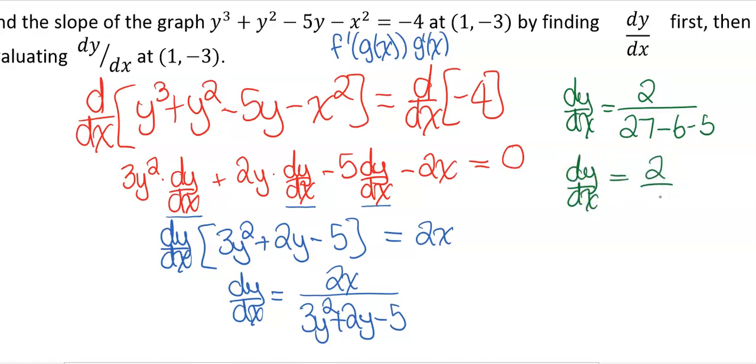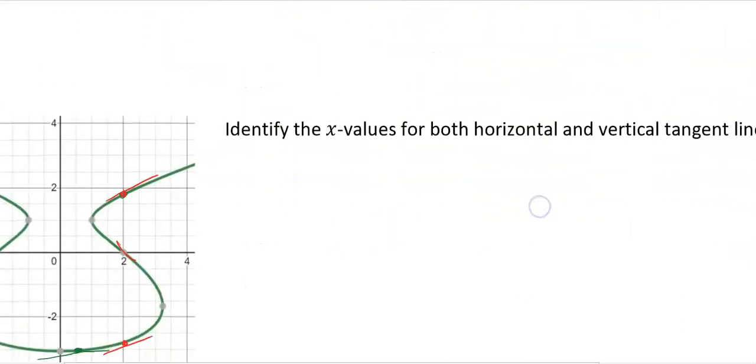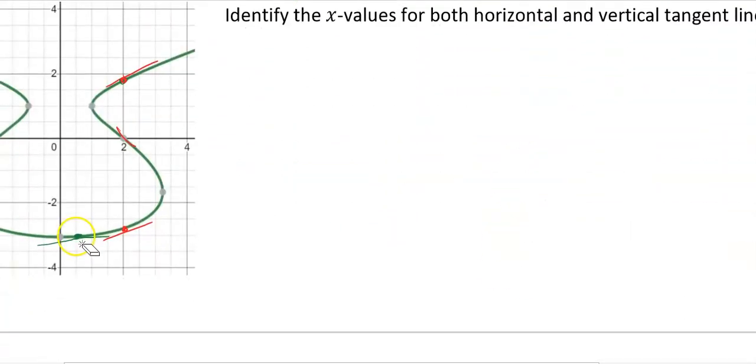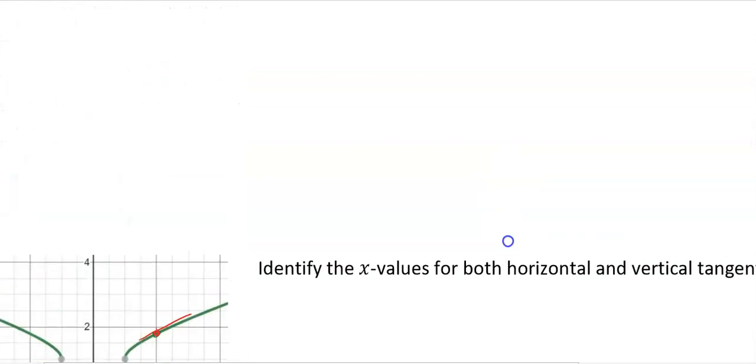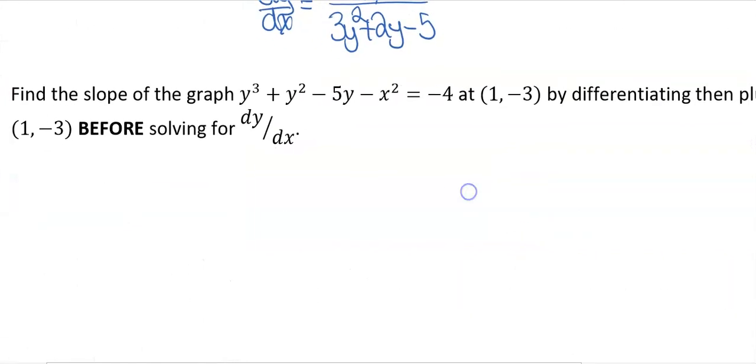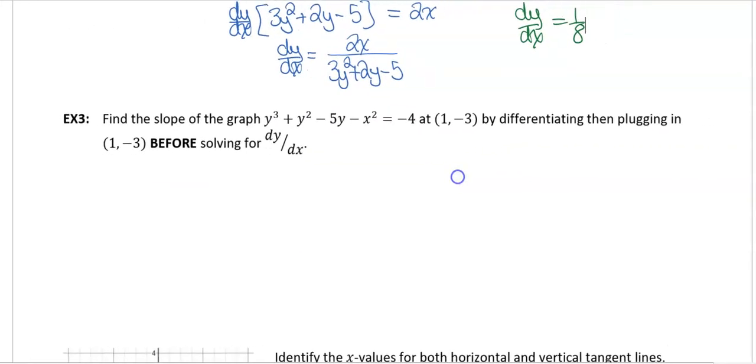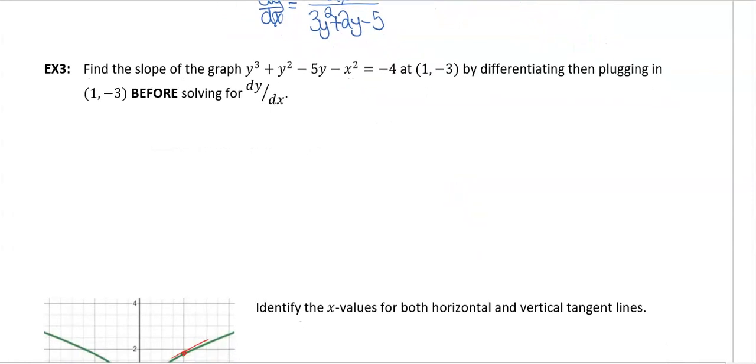So that's going to be 2 over 16, or dy/dx is 1/8. So this is a rise of 1 and a massive run of 8. So we're going to look back here, just having a quick scan at (1, -3). We could probably agree that 1/8 would make sense according to this picture of the graph that we have.